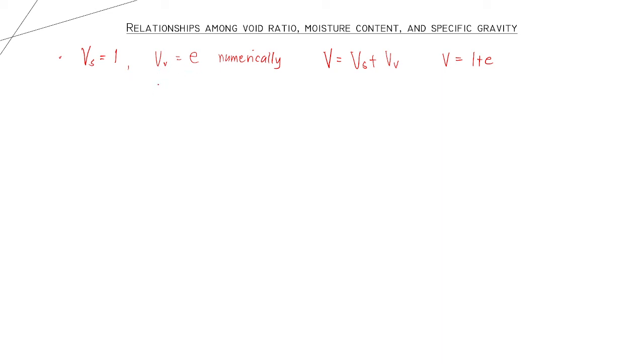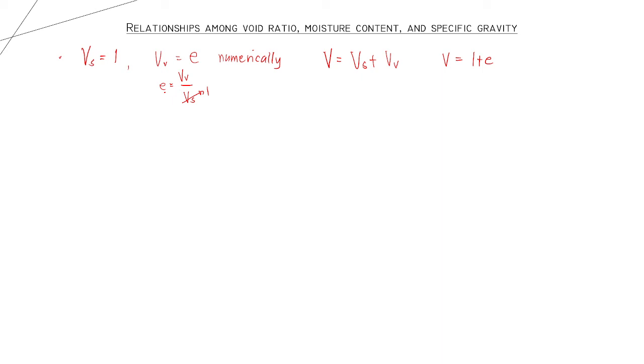So this is simply because E is equal to the volume of voids all over the volume of soil solids. And if this is assumed to be 1, E is numerically equal to the volume of voids.